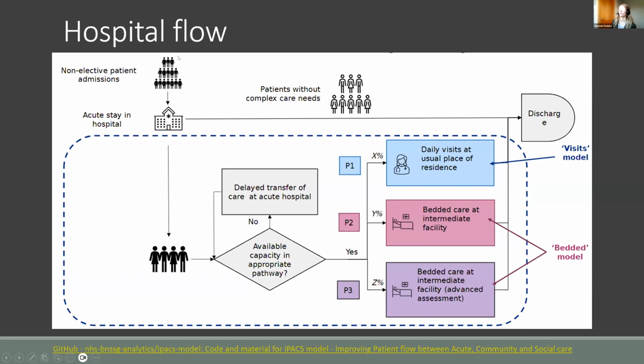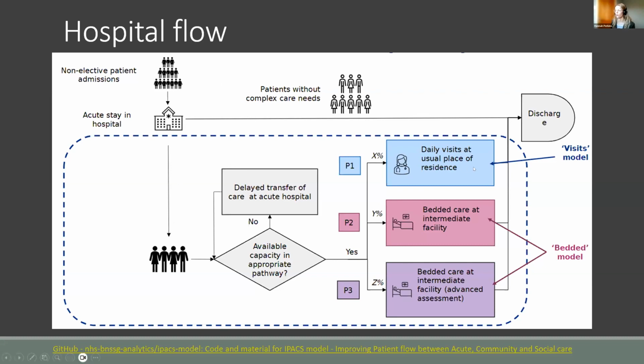If we look at this flowchart, we've got non-elective patient admissions. Those are emergency admissions who come into hospital, and they can either have the treatment they need and then be discharged straight home, and that's what we call a simple discharge, or they might need a bit more care after hospital. They won't necessarily need to have that care in hospital.